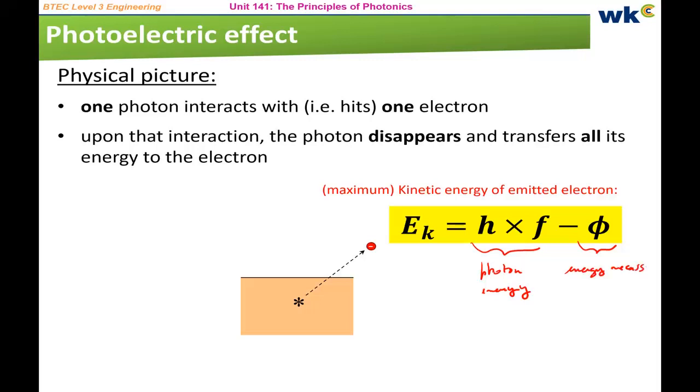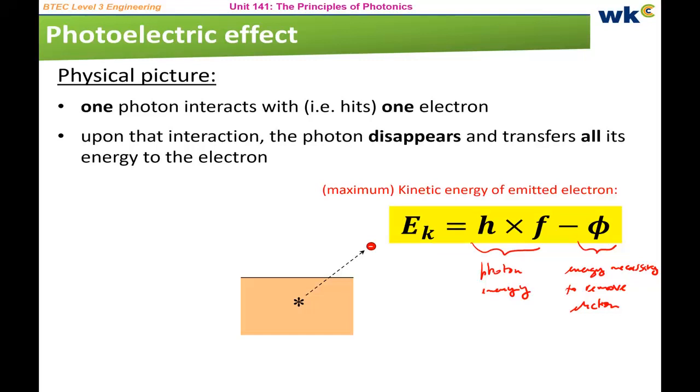So this surplus shows up as kinetic energy. So you spend some energy just to take the electron away. Anything that is in surplus of that will show up as kinetic energy of the electron.